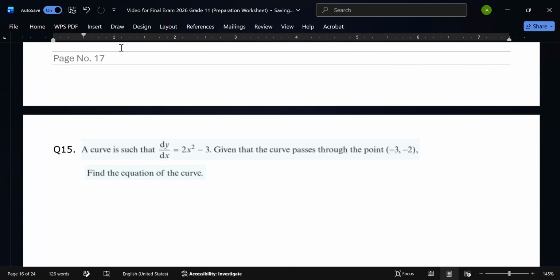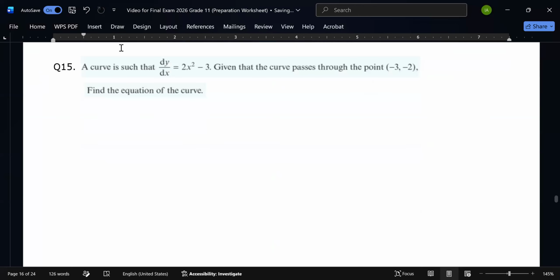Question number 15. Again we have the derivative. We are looking for the equation of the curve, which means we again integrate the gradient. So y is equal to the integral of 2x squared minus 3 dx.